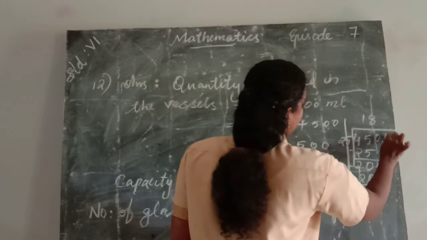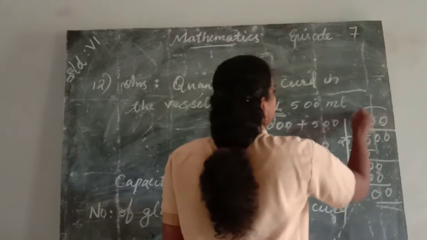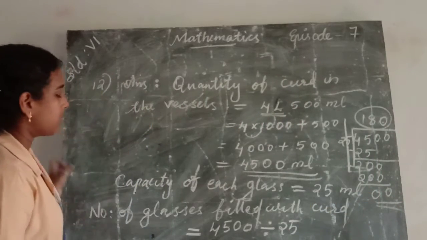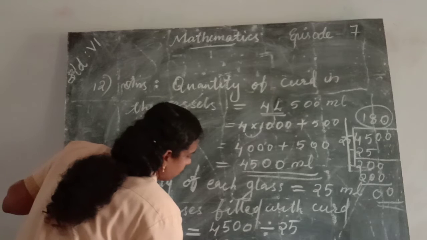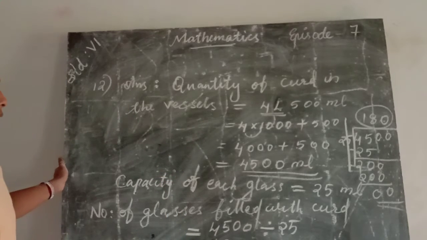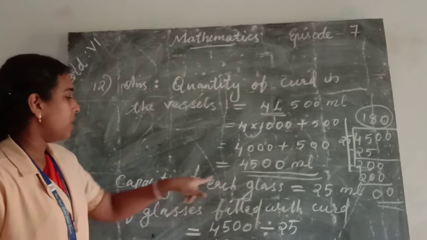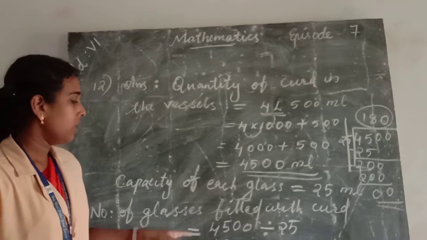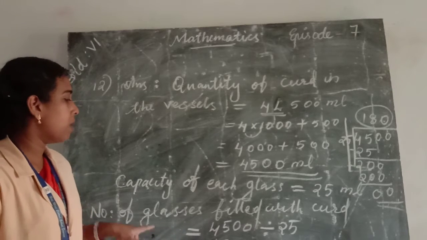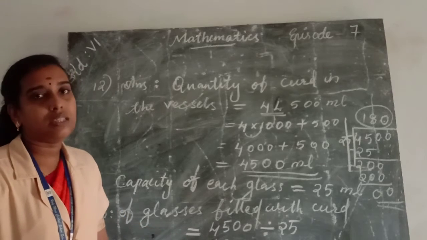Then again 0. Then we write 0 here. And we get 180. And the answer is 180. That means 180 glasses can be filled with the curd. The number of glasses that can be filled with the curd is 180.